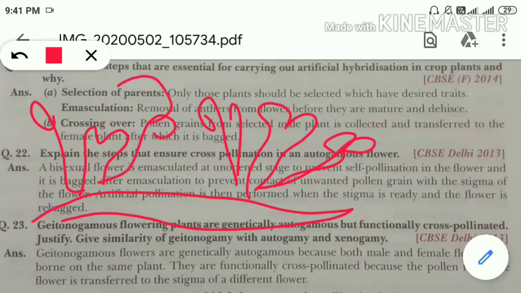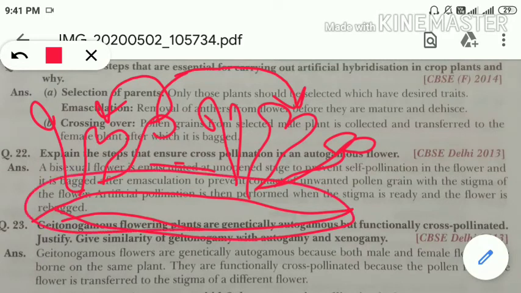Now the transfer of pollen from a flower to its own stigma is known as autogamy. If the transfer of pollen grain is from one flower of a plant to another flower of the same plant, this is known as geitonogamy. Here both flowers are different but the plant is the same.